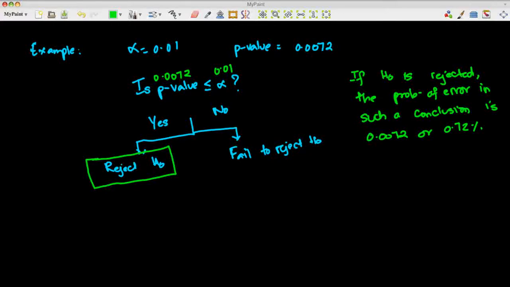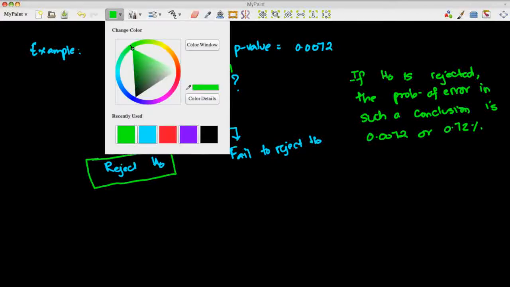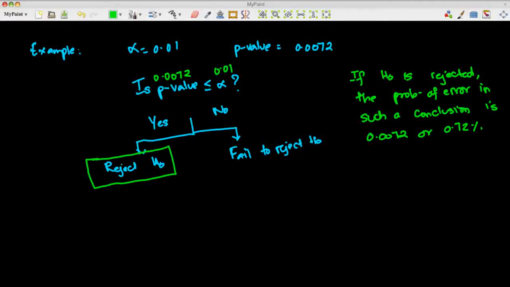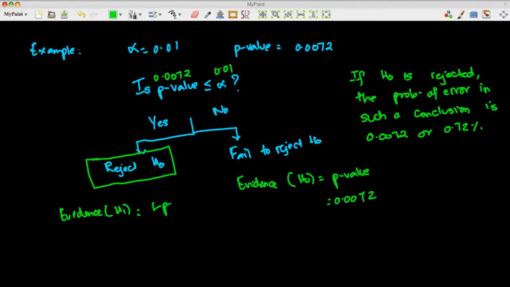A more informal way of seeing this is by finding probabilistic support or evidence toward the alternative and null. So the evidence toward the alternative is 1 minus p-value, and the evidence toward the null is the p-value itself. So 1 minus 0.0072 is 0.9928.